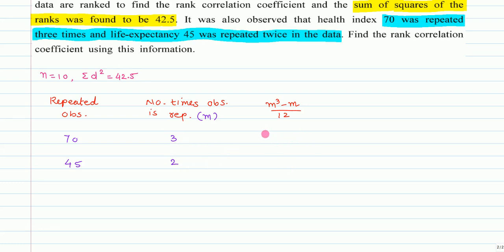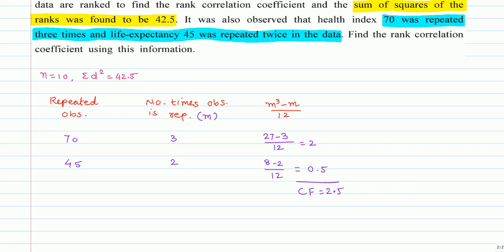So m cube, 3 cube is 27, minus m equal to 3, by 12 gives us 2. And here 2 cube is 8, minus 2, by 12, equals 6 by 12, which is 0.5. Therefore the total of m cube minus m by 12 is known as CF. CF is equal to 2.5.